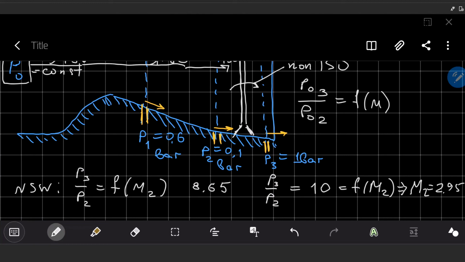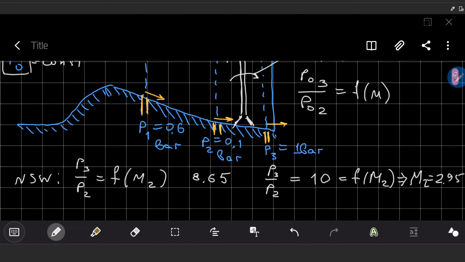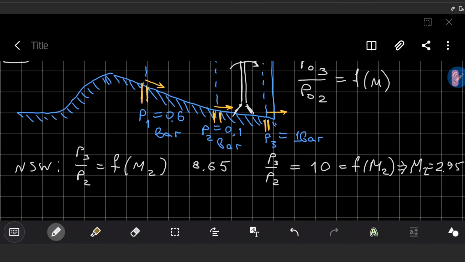And since we have already determined the Mach number before the shock wave, we have another relation inside the theory of normal shock wave, which tells us the relation between Mach number before and after the shock wave. We know that the Mach number after the shock wave is a function of the Mach number before the shock wave and the adiabatic constant, which is constant in our case.